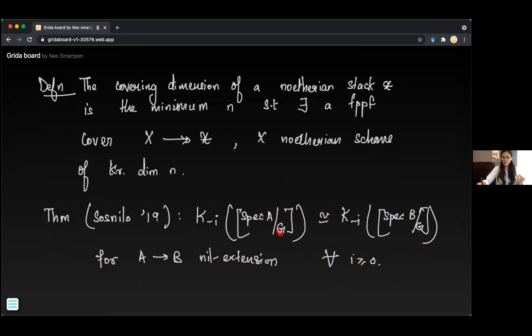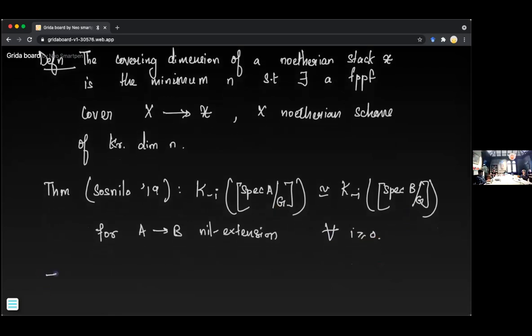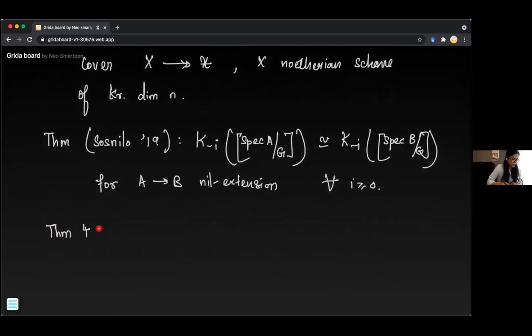So this allows us to reduce to the case of reduced quotient stacks, and then we have the killing lemma, and we can combine this to prove Weibel's conjecture.